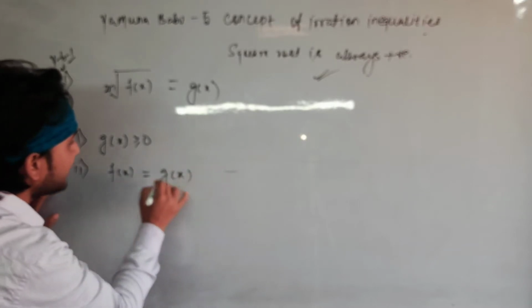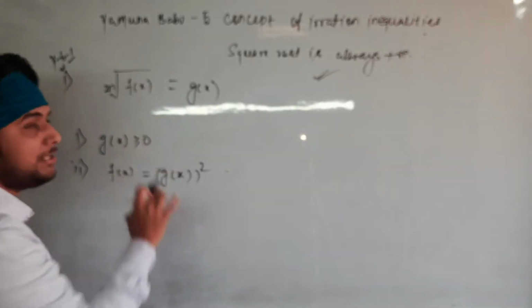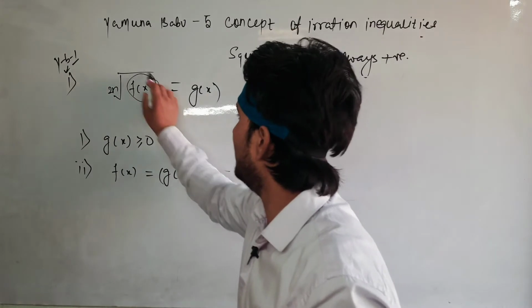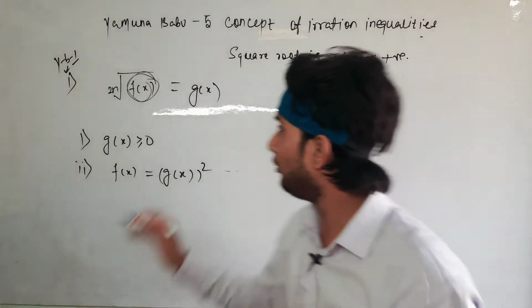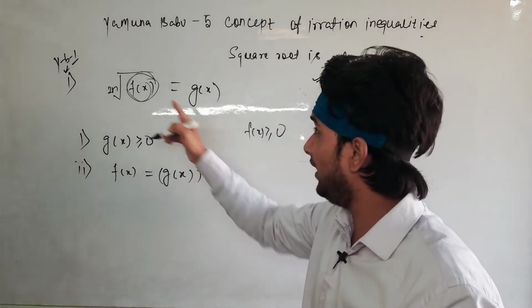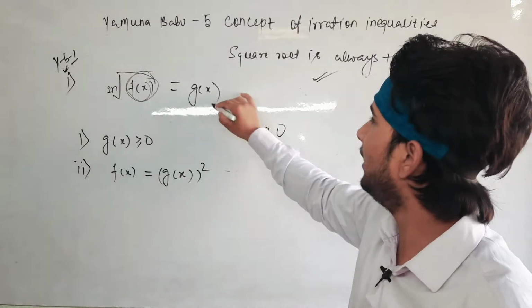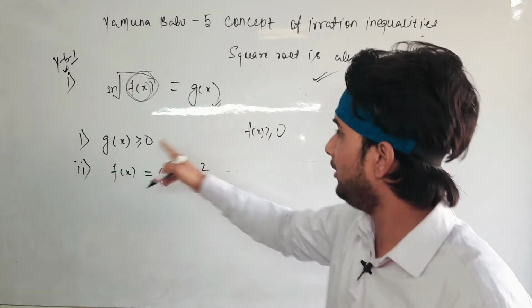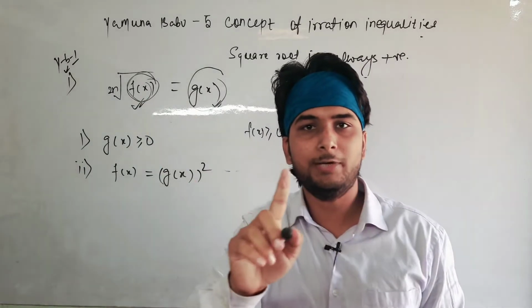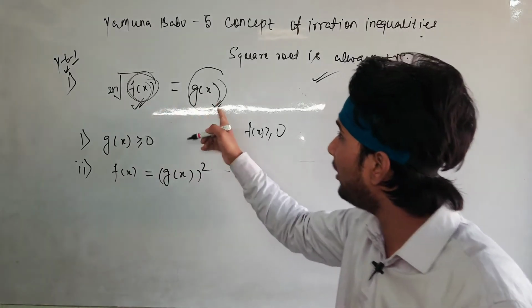Then you can ask a question: why are you not saying that f(x) must be greater than or equal to 0 inside the square root? Here it is obvious, because you have already made g(x), the value of the square root, positive.